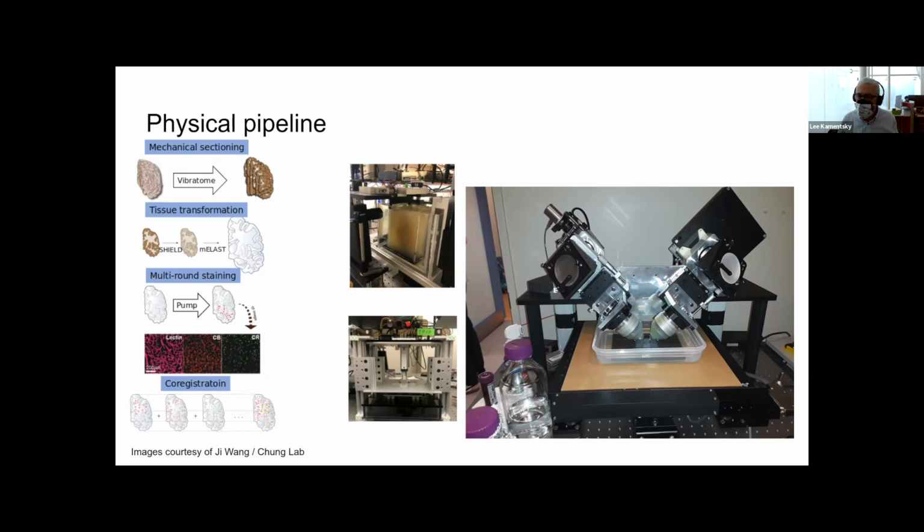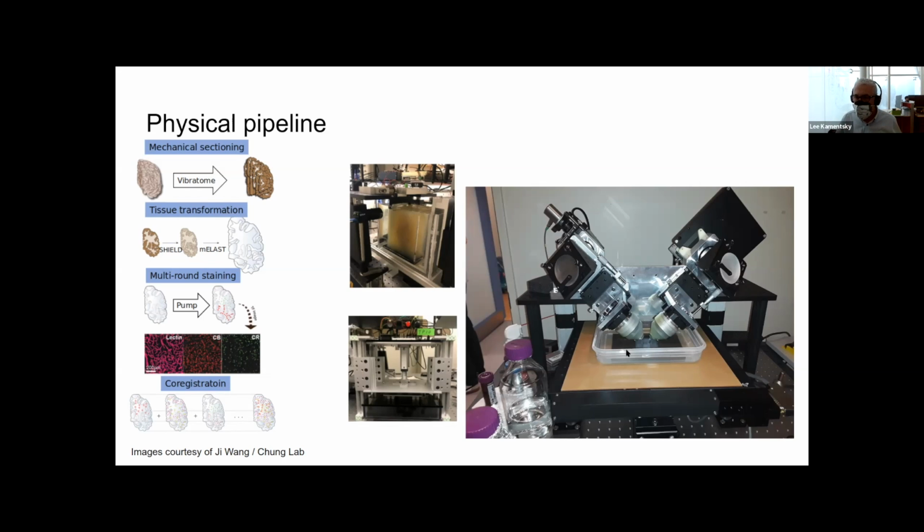The light sheet microscope is oriented obliquely at a 45-degree angle to the stage motion in order to give it a long stage motion path for the whole hemisphere slabs.